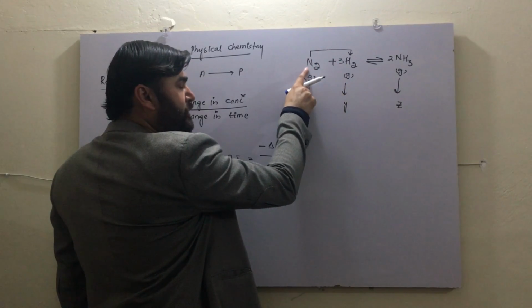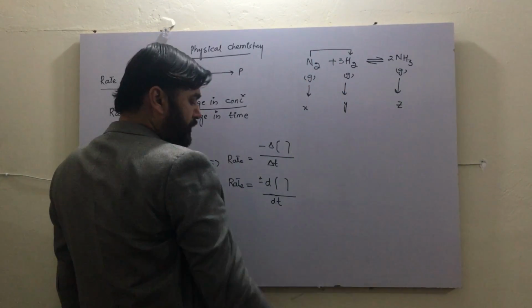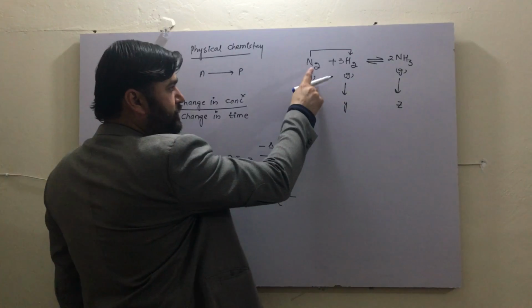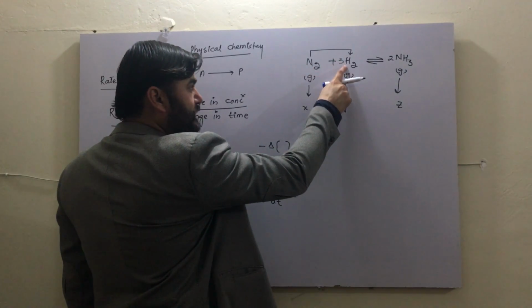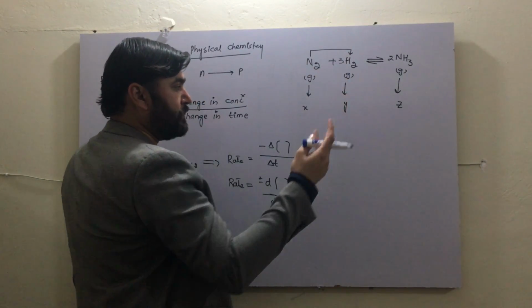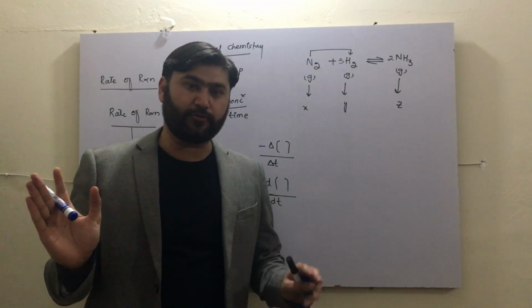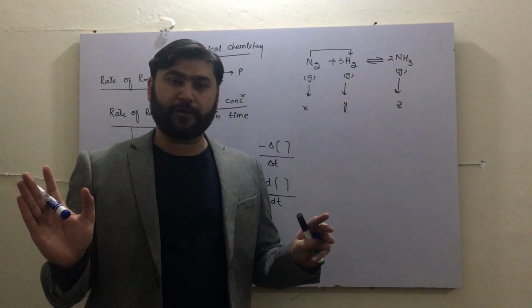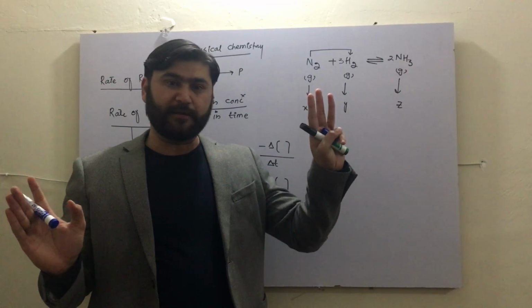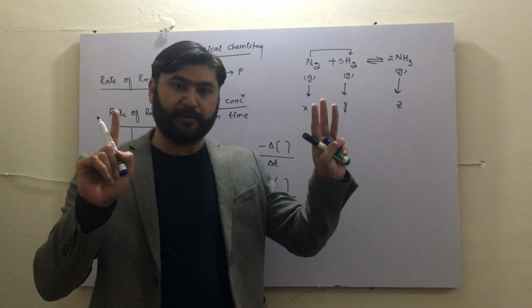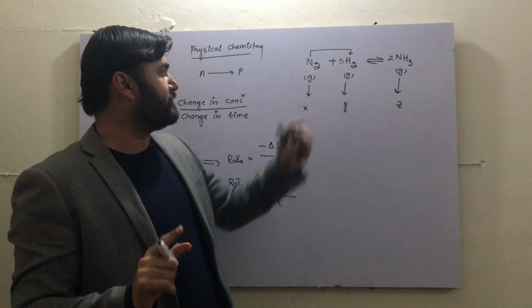At the same time when 1 molecule of nitrogen disappears, 3 molecules of hydrogen disappear. So the ratio is 1 and 3.